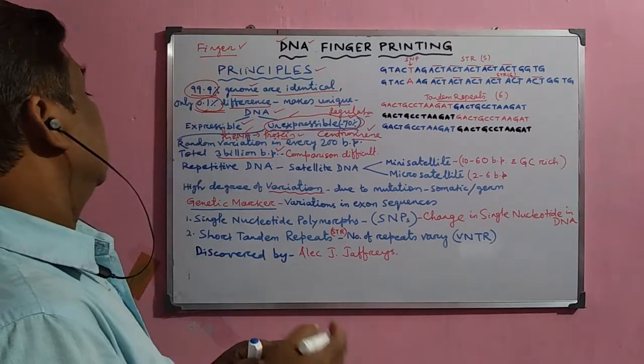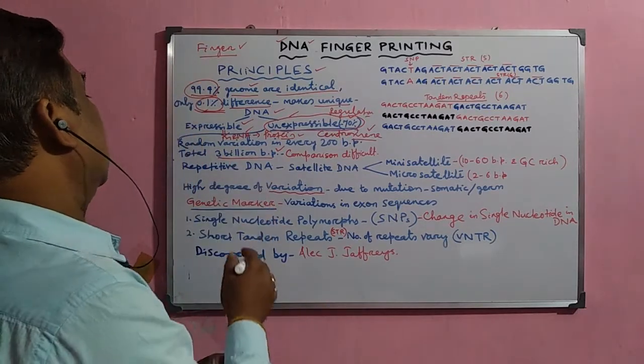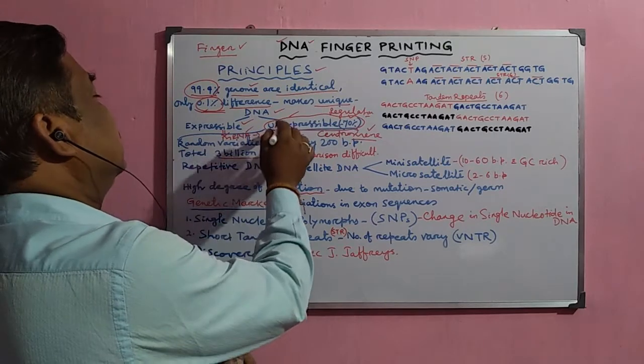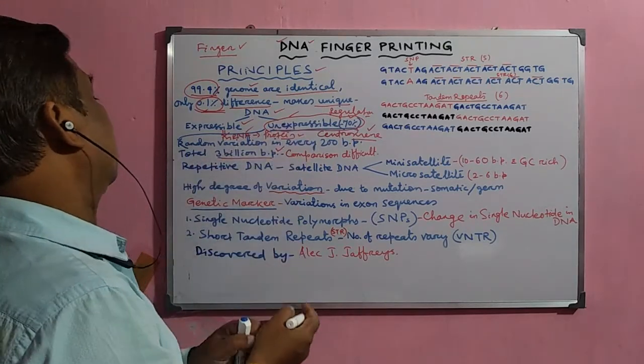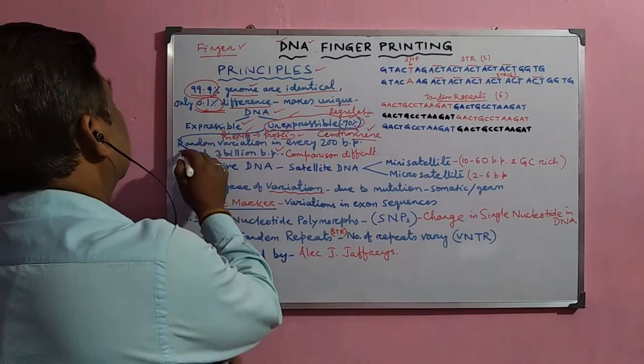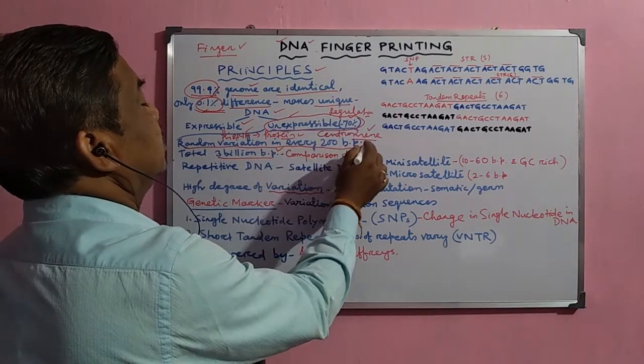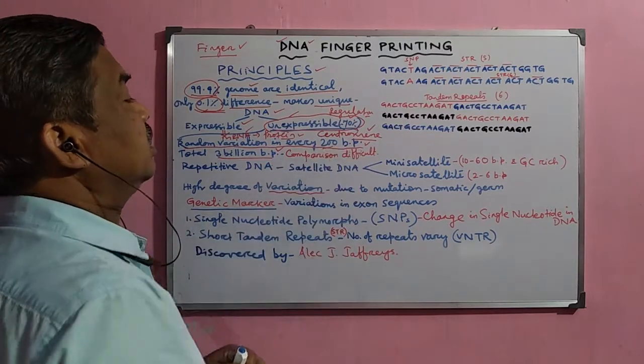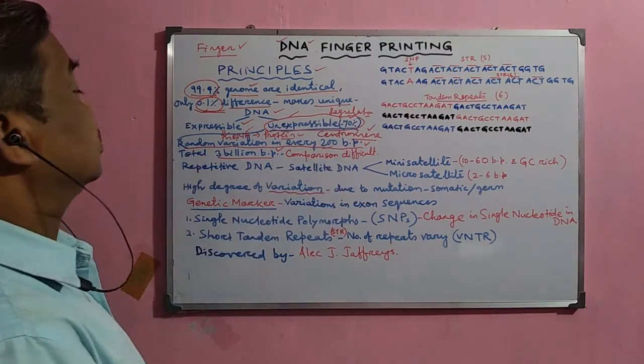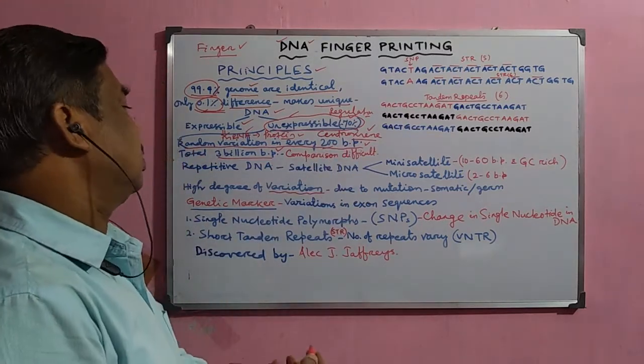Now, in these DNA sequences present in the unexpressible form, a certain random variation is observed in every 200 base pairs. So in every 200 base pairs, randomly some sort of variation is observed.